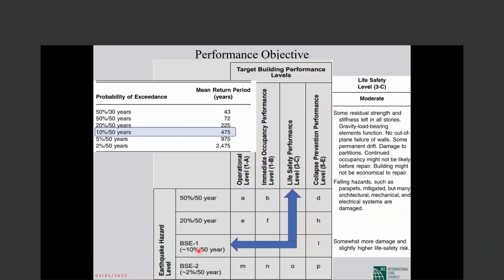If you remember, when we were comparing the base shear formula for existing buildings and the base shear formula in the BMBC, we said there is a very obvious difference.